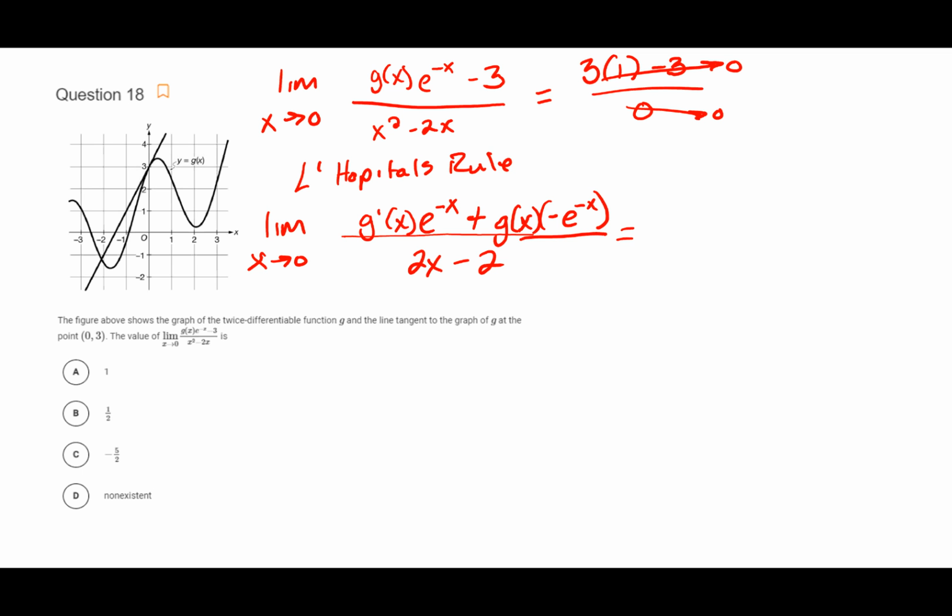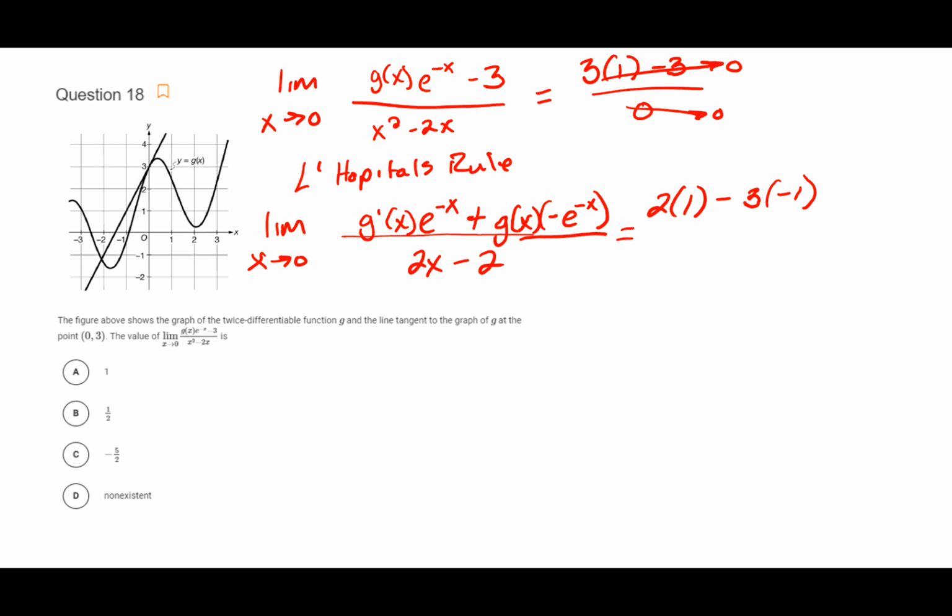And so I have 2 times e to the 0, which is what? 1. Minus g of 0, which is 3, times negative e to the negative 0, which is what? Negative 1. Okay, because it'd be e to the 0, which is 1, but then we have that negative going on.